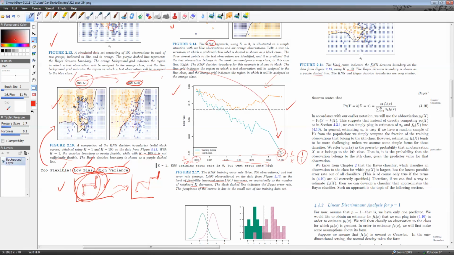So you've trained it really well, but as we go this way, the error rate increases. It makes sense that if you have this situation where k is equal to 1, you have 1 over 1, the training errors are low because it's not making much of an error. But look at the test errors. The test errors are actually quite high.